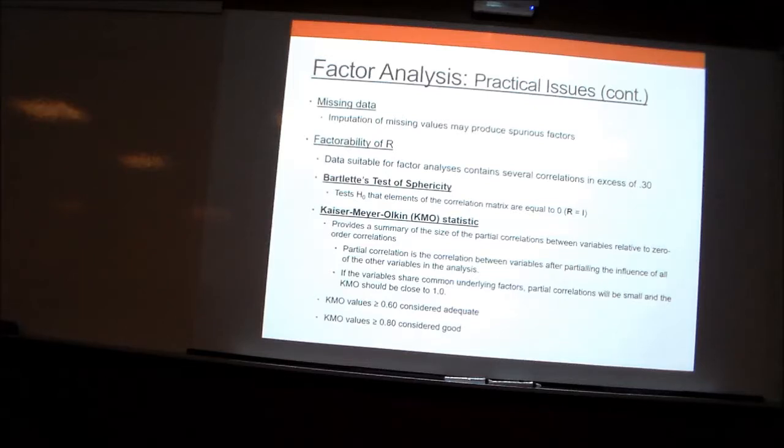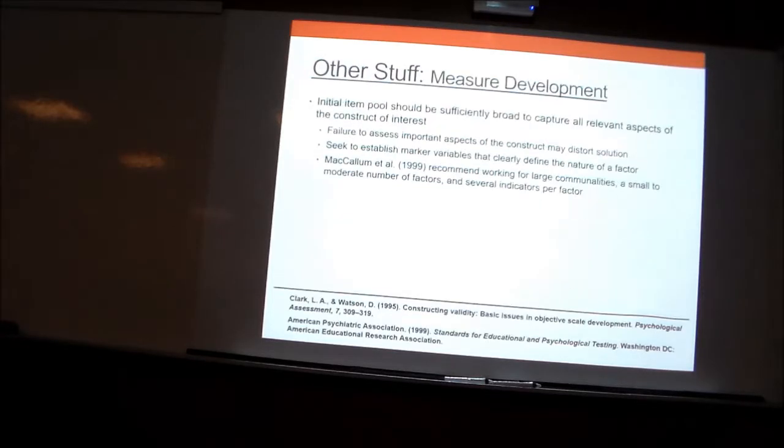KMO is something we would be more likely to look at. KMO values above 0.8 are good, above 0.6 adequate. These are just indicators of the extent to which your items are correlated with one another. If we're going to run principal factors and we're only looking at shared covariance across a model, we want our items to be reasonably put together.